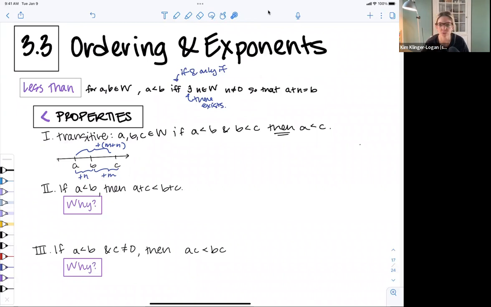Now, we know of other relations that are transitive as well. For example, equality is transitive. If A is equal to B and B is equal to C, that means that A has to also be equal to C. And there are examples of transitivity in our everyday life, like the relationship of being a sibling.